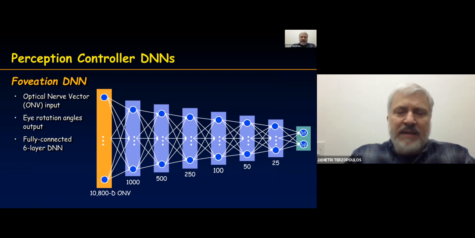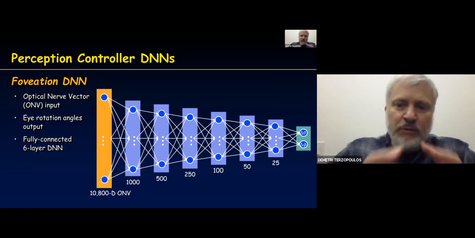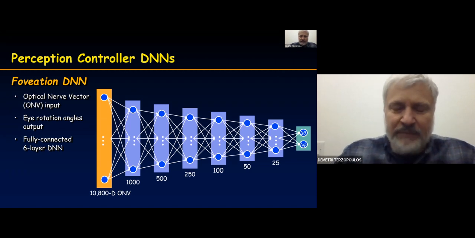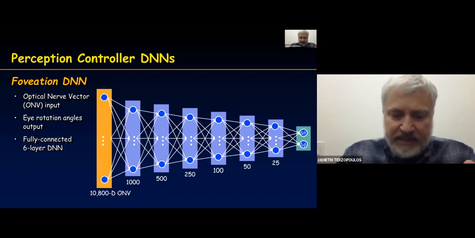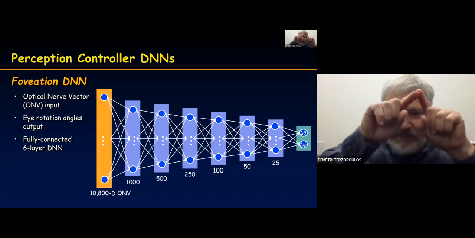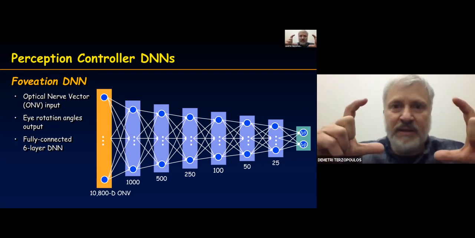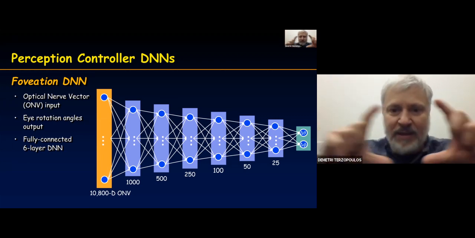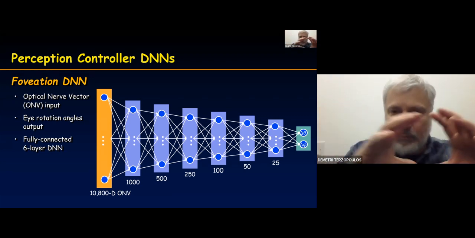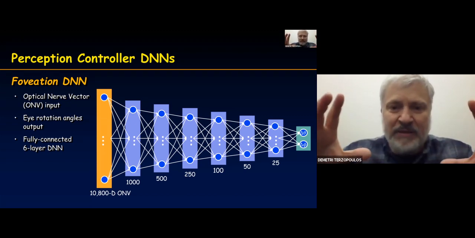But if we have many photoreceptors, we can't use a fully connected network. We can't use a convolutional neural network either, because this is not a camera. We don't have an array of pixels like we have in a camera of equal resolution across the entire image, just a regular rectangular array of pixels.